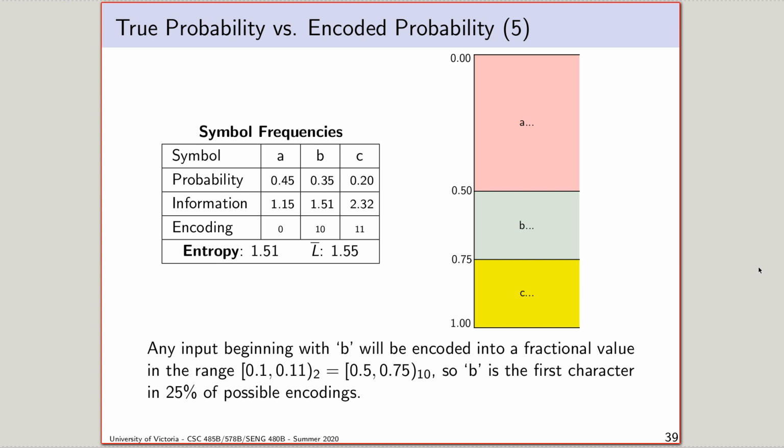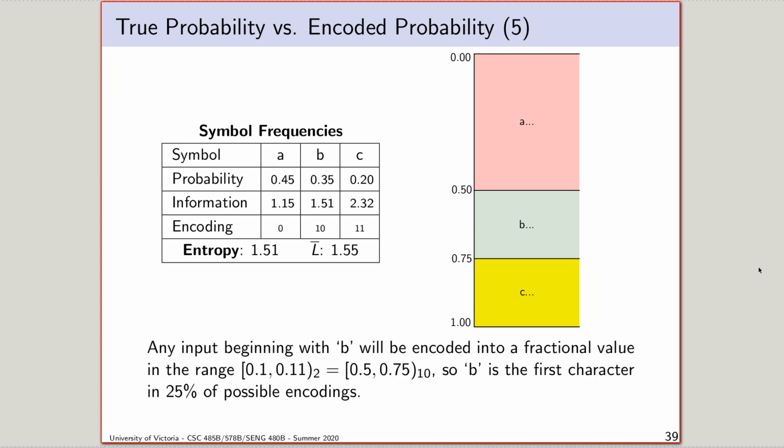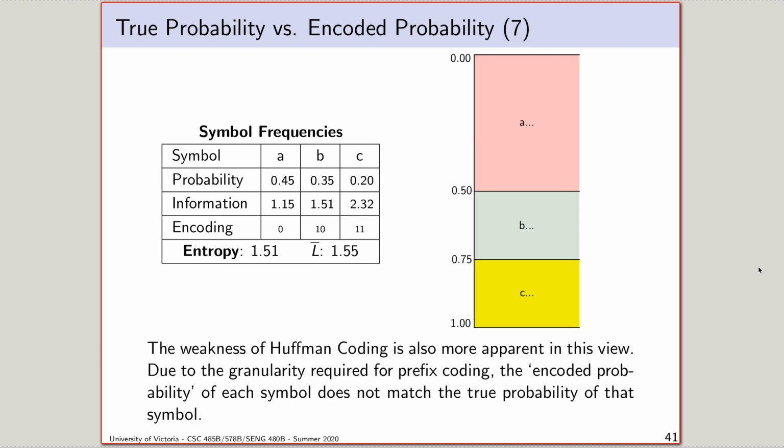And so the slides are working backwards to what I just said here. And just an editorial note here. I could actually represent all of my probability values in base 2, but because it's easier for us to reason about numbers written out like this, I'm going to do that. Keeping in mind, it's just a base change. The number itself is always the same in both cases.